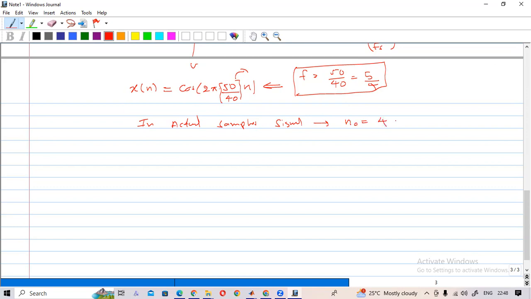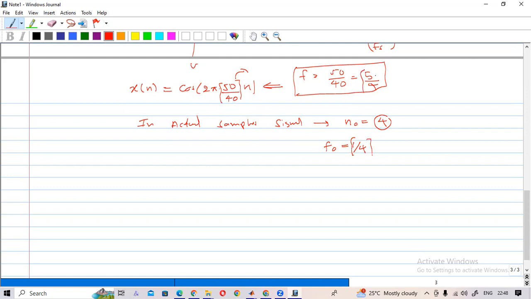How to find the normalized frequency if the period is 4? It is 1 over 4. This is the sampled signal normalized frequency.